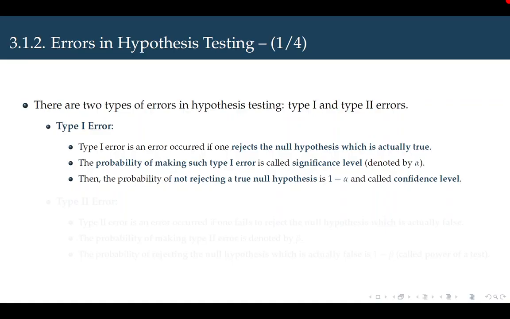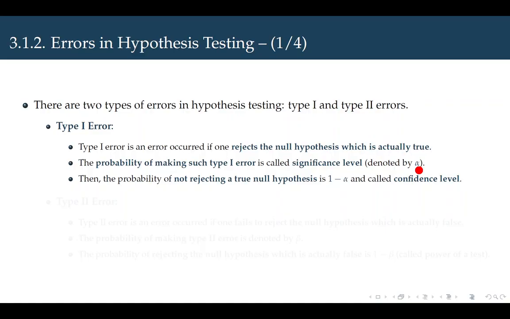The null hypothesis could be true, but if it is rejected, that means we are committing type 1 error. And the probability of making such a type of error is said to be the significance level. It is usually denoted by the Greek letter alpha. This is the probability of rejecting a true null hypothesis or the probability of committing type 1 error.